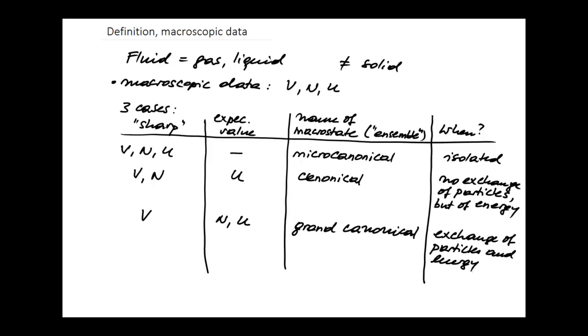So even though I listed them as distinct ensembles, distinct cases, when you are in the thermodynamic limit, and up to the description of fluctuations, they give different predictions for the size of fluctuations. But as long as you are not interested in fluctuations and you are interested in all other thermodynamic properties, it will turn out that in the thermodynamic limit, in fact, it doesn't matter which of these three macrostates you use.